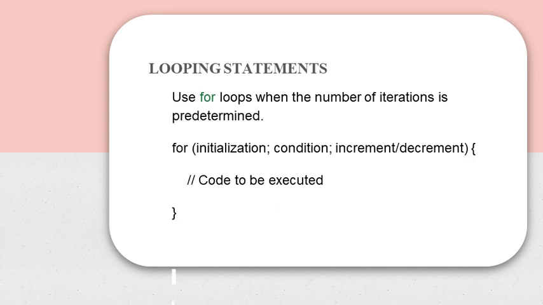For loop. This loop is used when the number of iterations is known beforehand. It consists of three parts: initialization, condition, and update expression, all defined within the loop statement itself. See the syntax. With for loop, we have initialization followed by condition and followed by update, whether the value to be incremented or decremented.